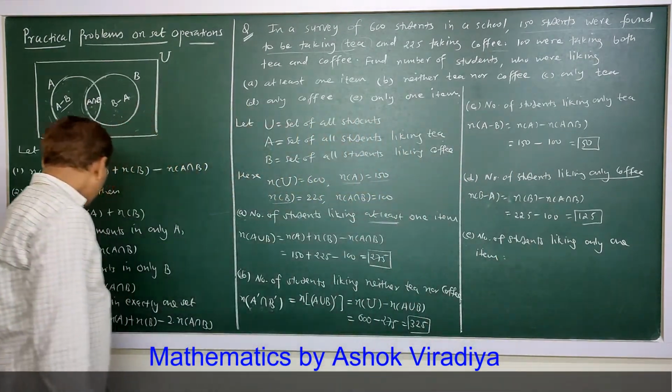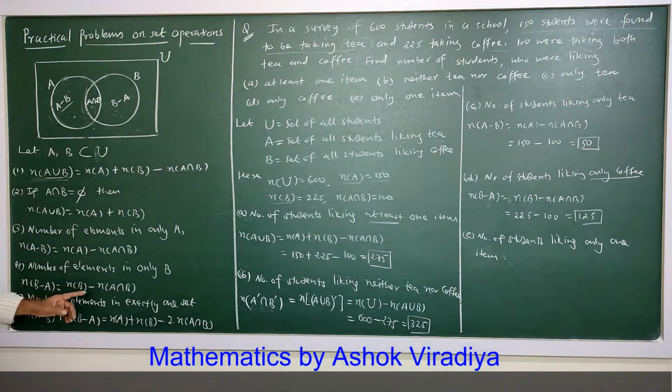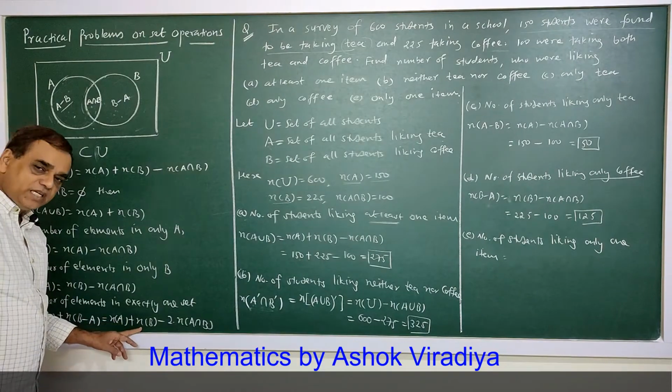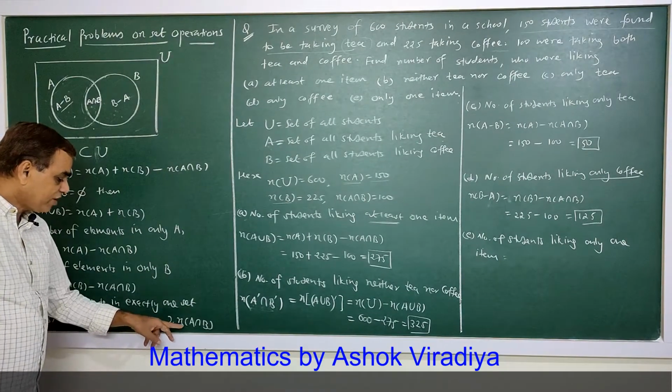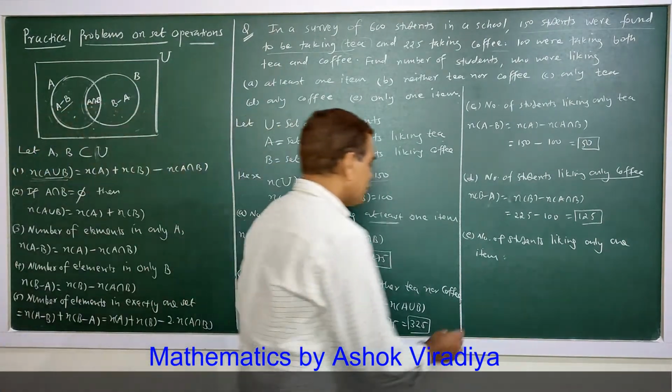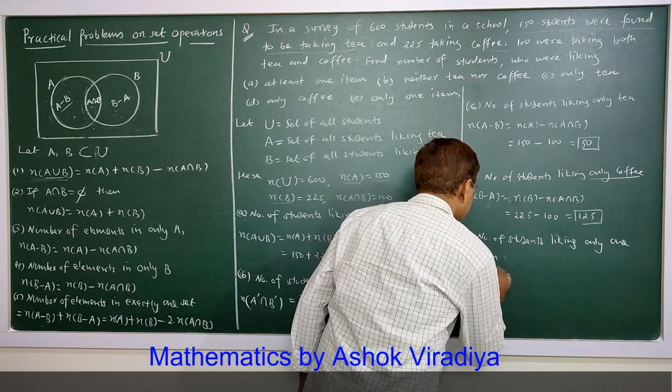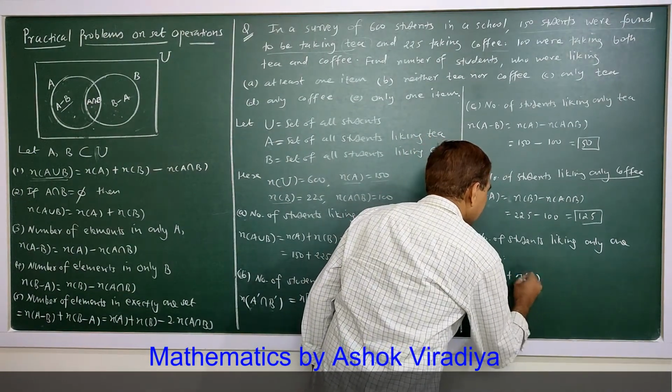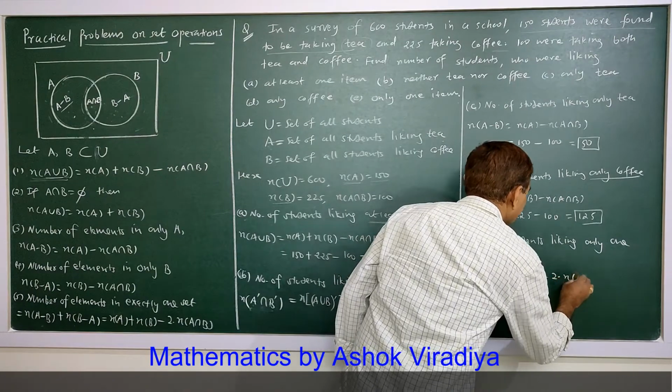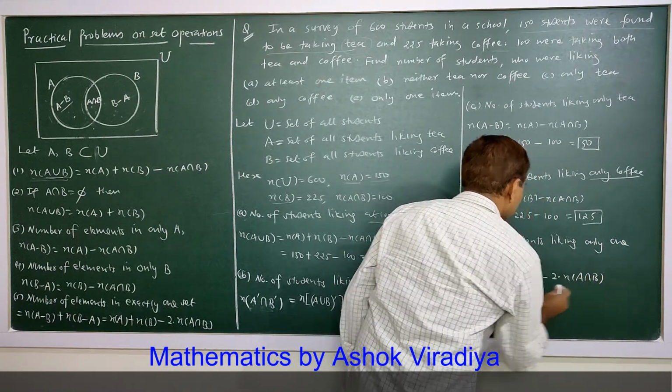This means belonging to exactly one set. So elements in A minus B plus elements in B minus A, or we can also keep it as n of A plus n of B minus 2 times n of A intersection B.